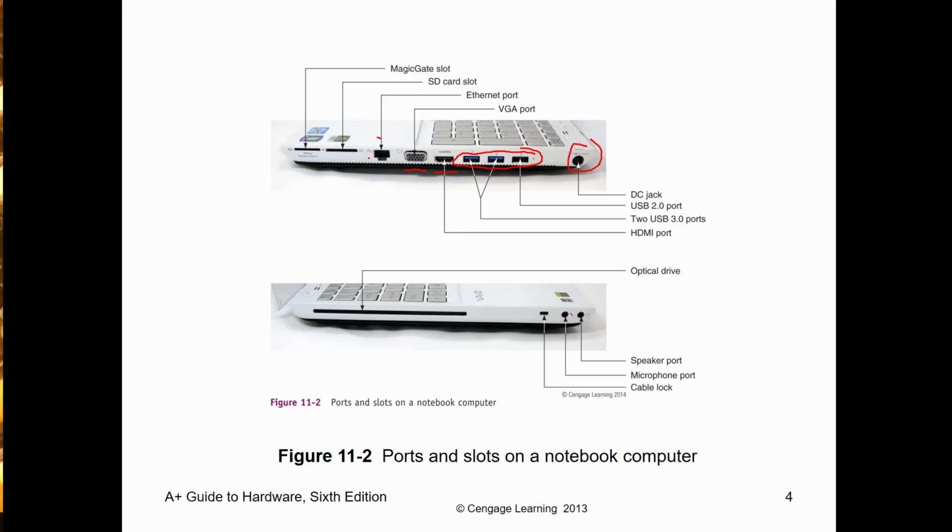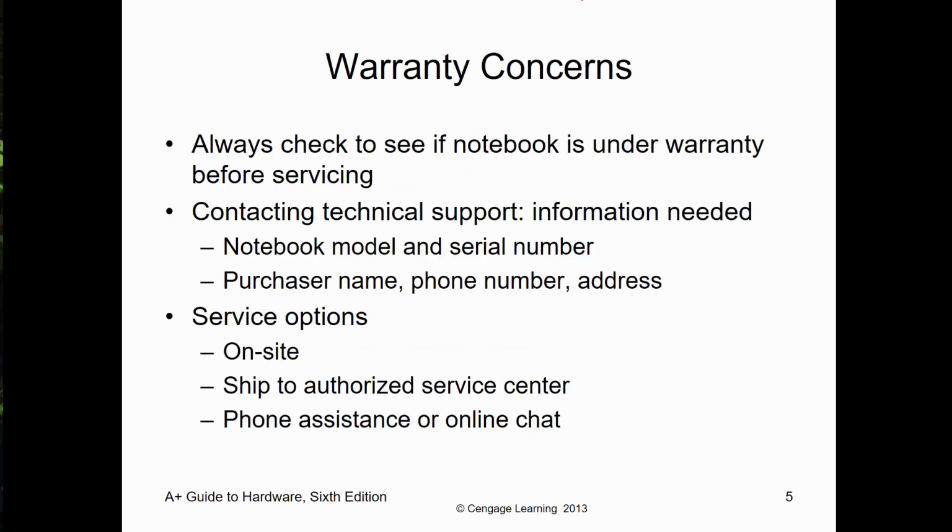You'll also have a wired Ethernet jack, and you should have card readers. On the other side, you may have a cable lock for anti-theft, speaker and microphone ports, and maybe an optical drive. Maybe.